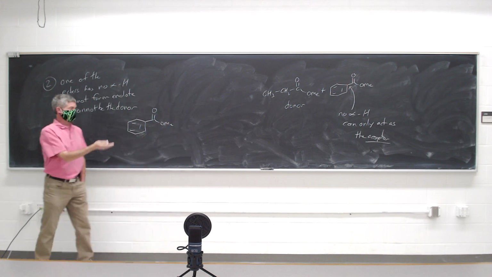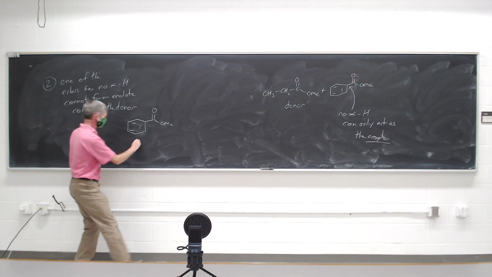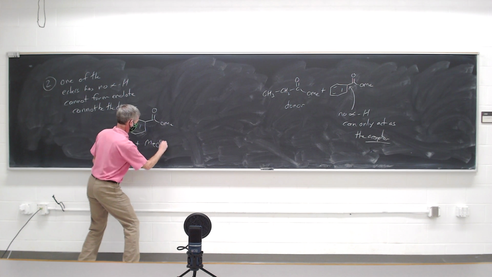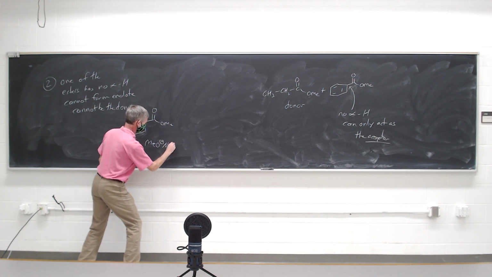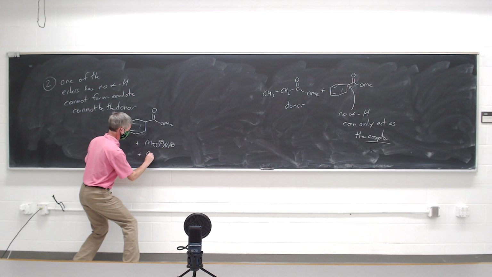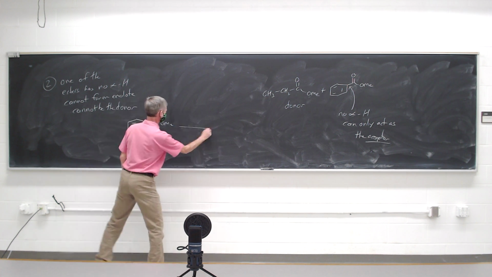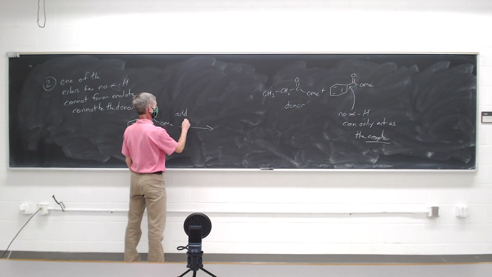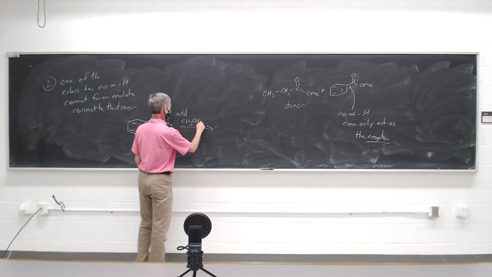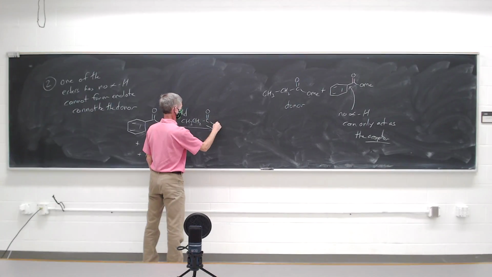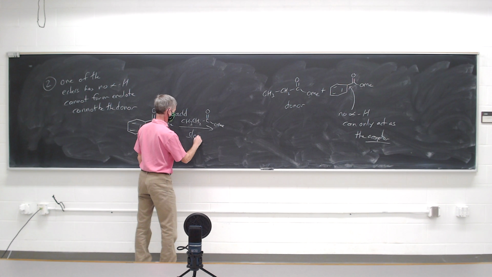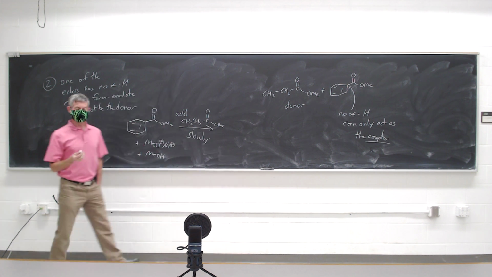Which is that you take your ester that you want as the acceptor, and then you add the donor molecule slowly. So the order of addition is key, right?